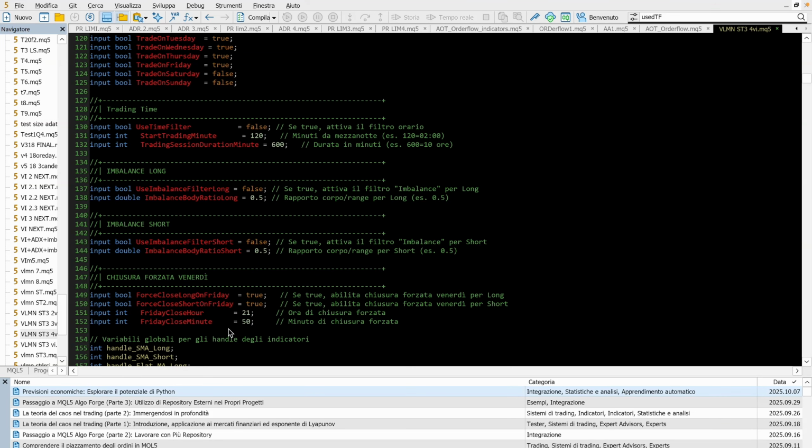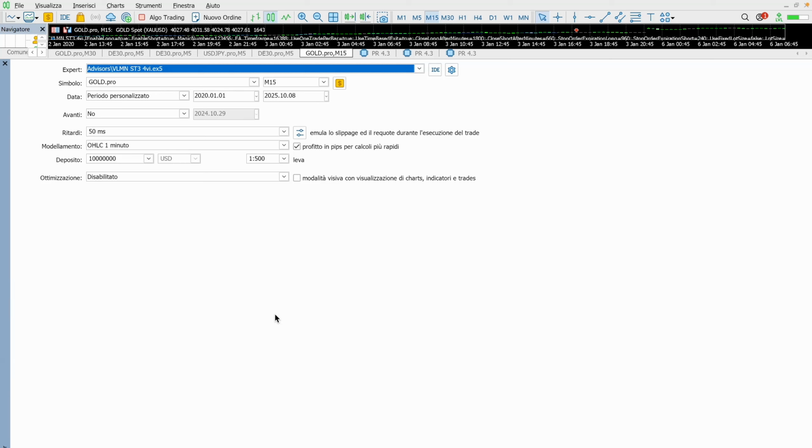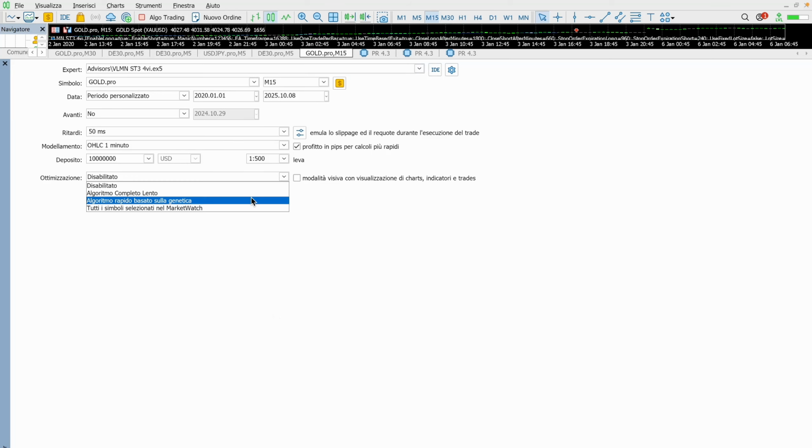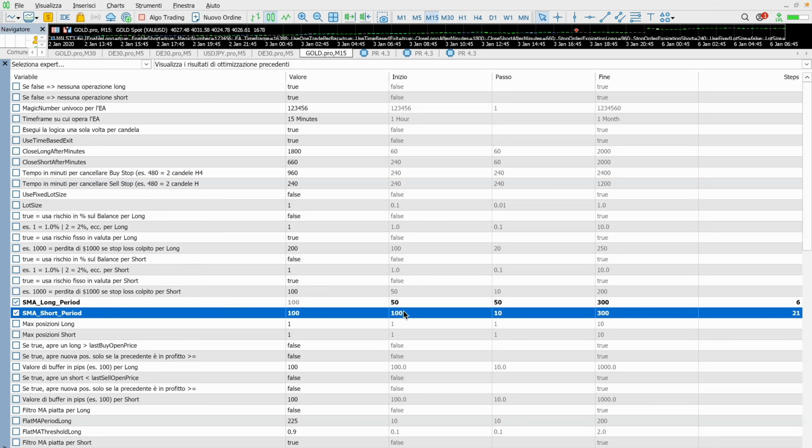After the development phase, we have the optimization phase, is to understand how this thing works, and by doing that you're going to start the genetics algorithm where you can test a set of parameters. Let's say I want to test the SMA starting one.